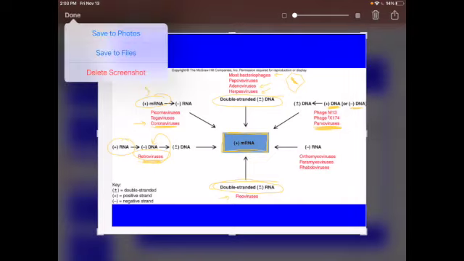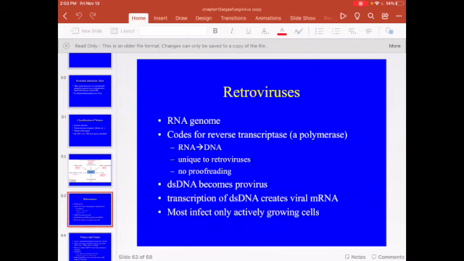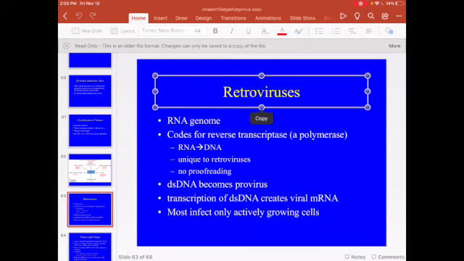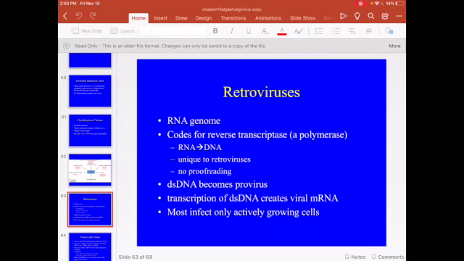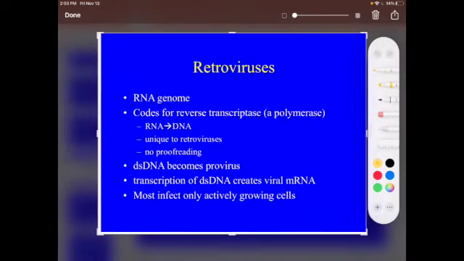So take-home message: we categorize viruses by their type of genome. Regarding these retroviruses down here where you can't see me pointing to them, so I'll just put the slide up here. They are very interesting. No. Why am I doing that? I want to take a screenshot first, Mary.